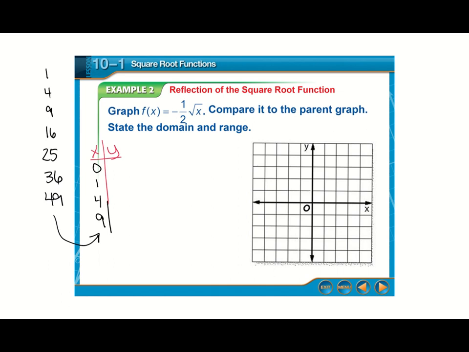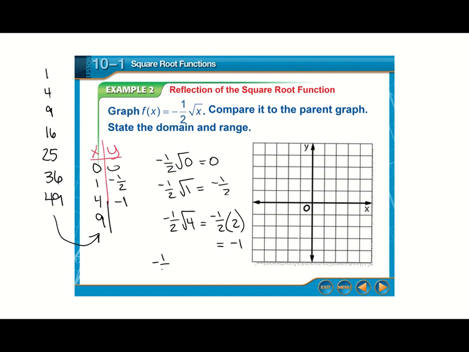All right, so -1/2 times the square root of 0 is just 0. -1/2 times the square root of 1 would be -1/2. -1/2 times the square root of 4 would be -1/2 times 2, which would equal -1.